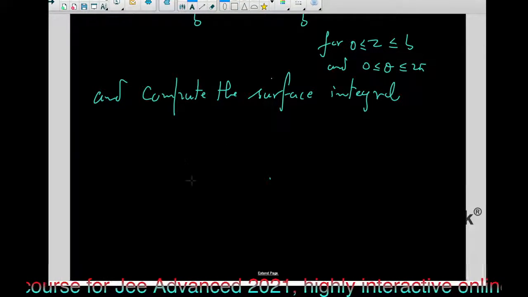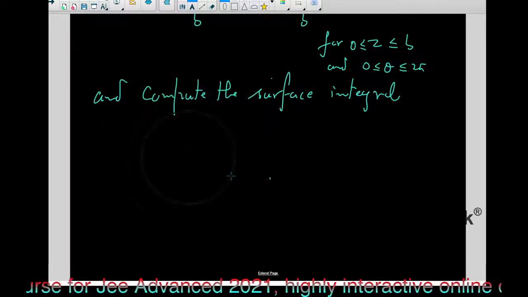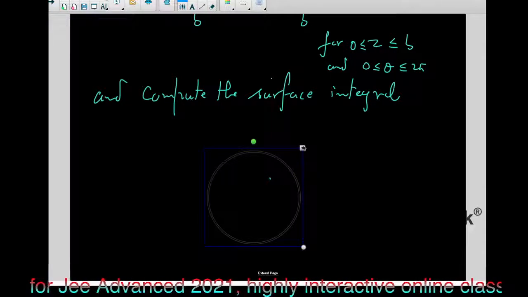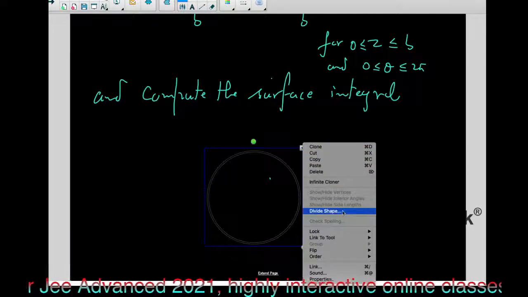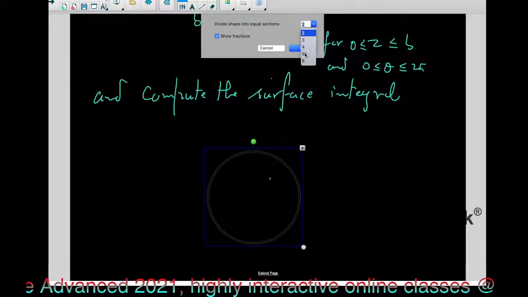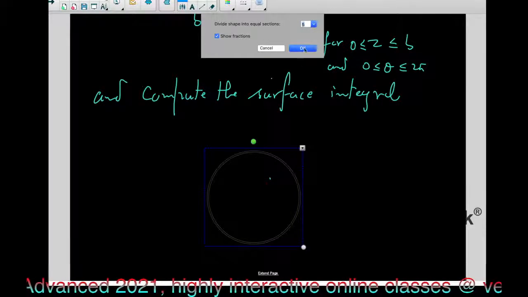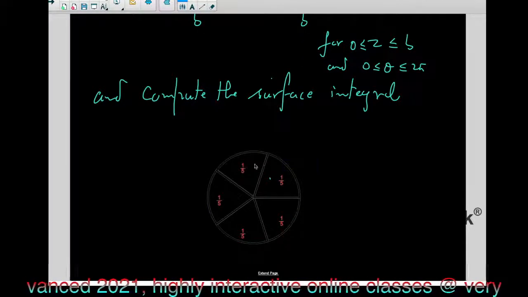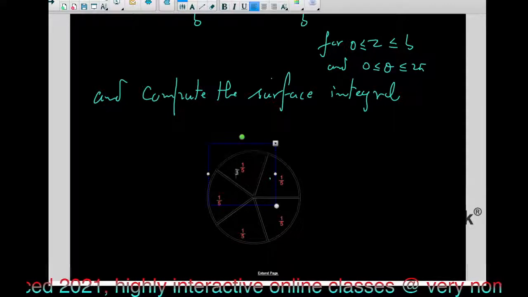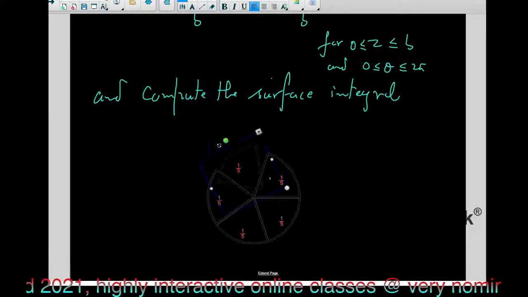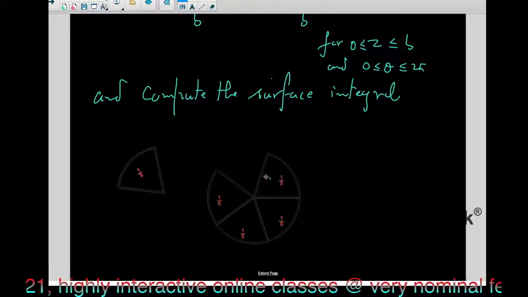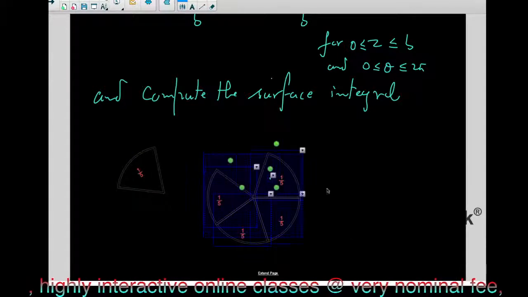Let me take this sample. Let me expand this later on. We'll divide it into five parts, and we'll take one of the sectors. The rest of the sectors we'll leave.